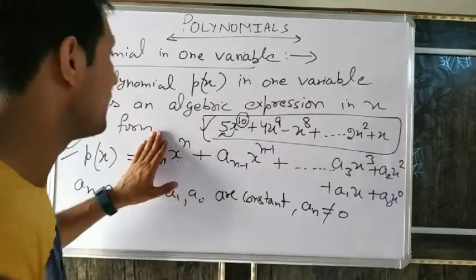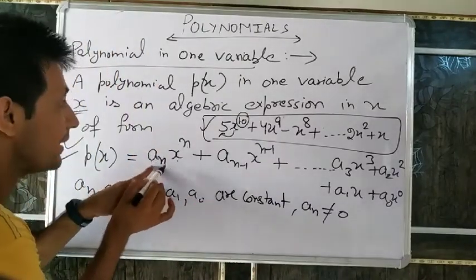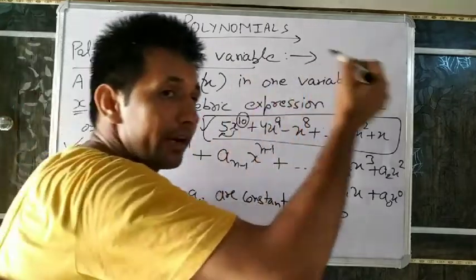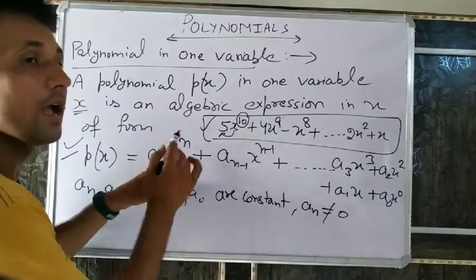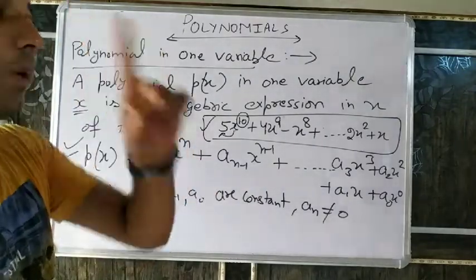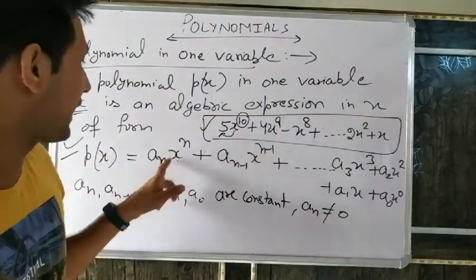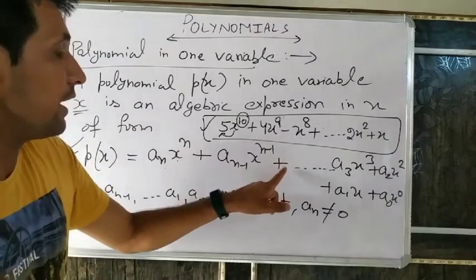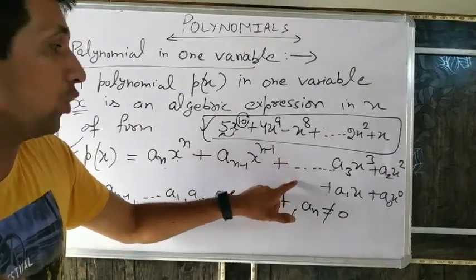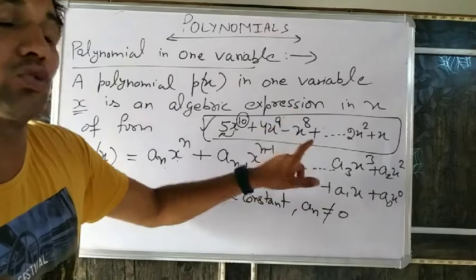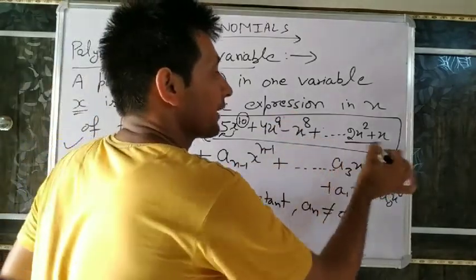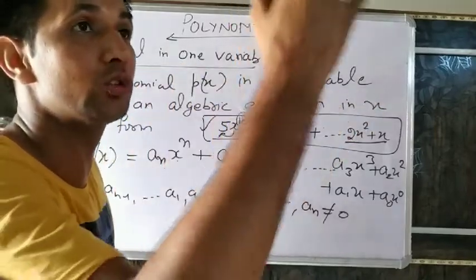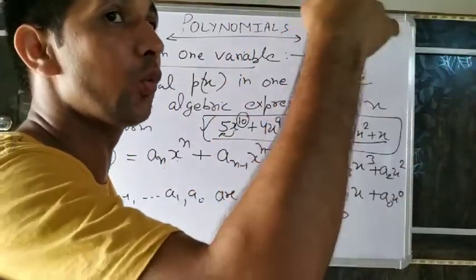So I write here a_n, and after this the power is decreasing. Here power n, and if decreasing by 1, then n minus 1, so a_(n-1), the same as a_(n-2) into x raised to the power n minus 2, and in the last it comes 3, 2, 1, 0.